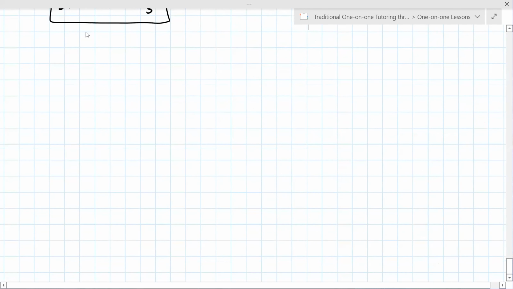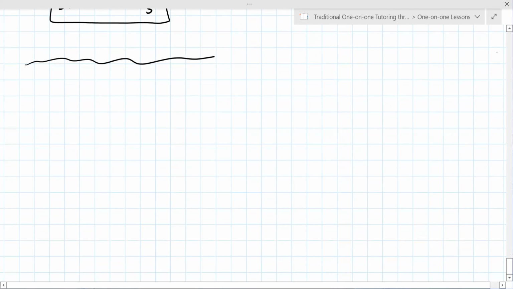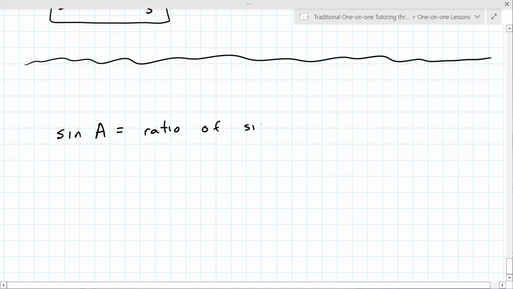Okay, so another little thing I want to emphasize here that maybe isn't made clear. The sine of A is a ratio of sides. Same with the cosine of A and tangent of A, they're always the ratio of sides.